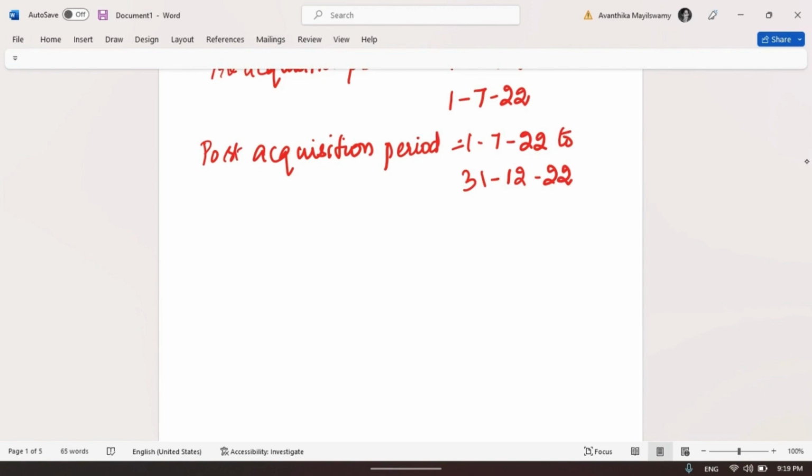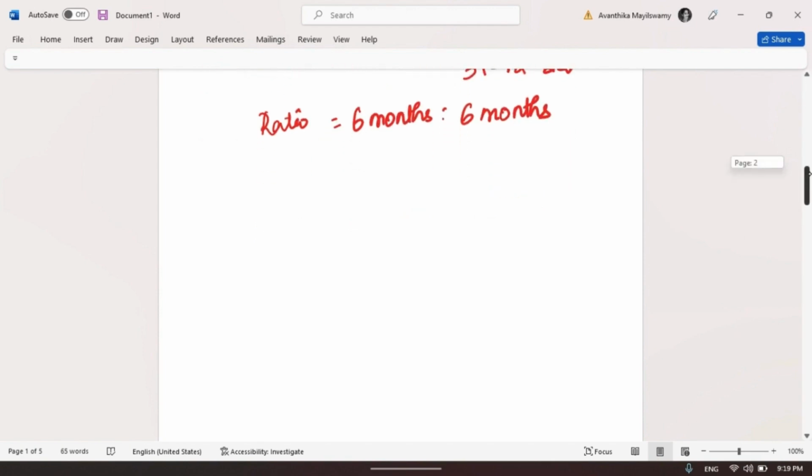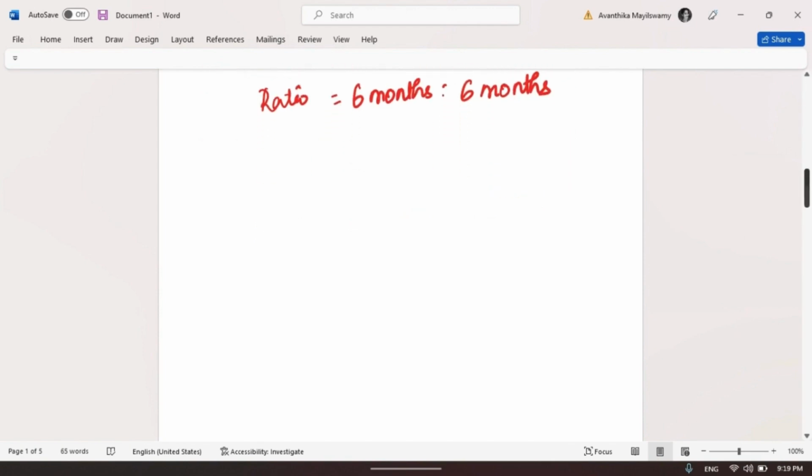So it has a ratio of 6 months to 6 months. So whatever the amount is, it has to be divided equally. Here we know what the profit as well as the reserve is, together the reserves and surplus at the beginning as well as at the end.